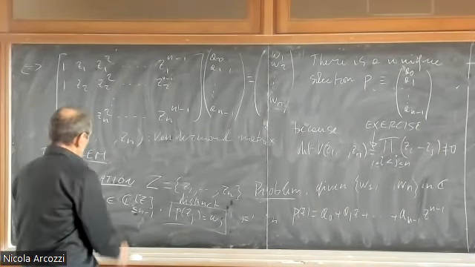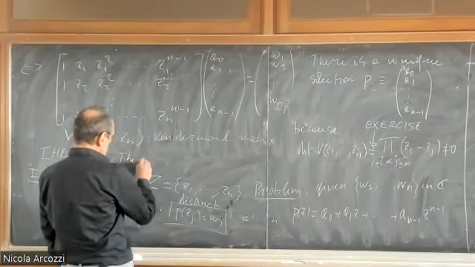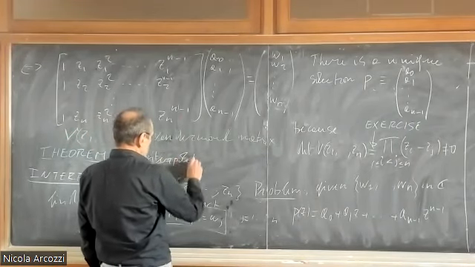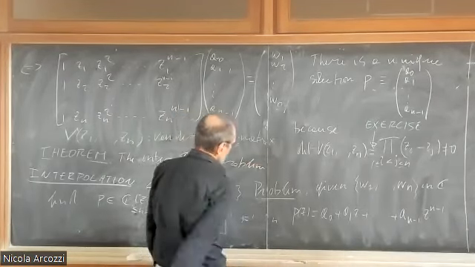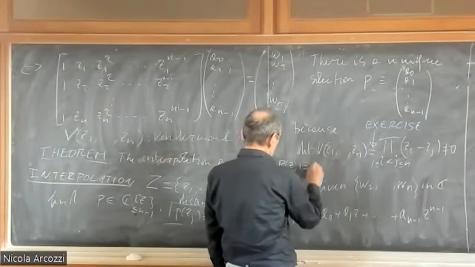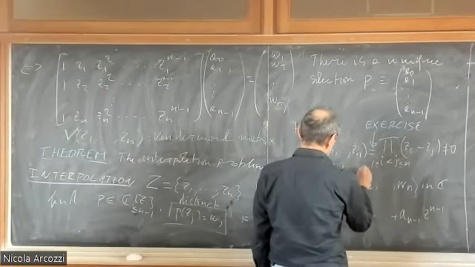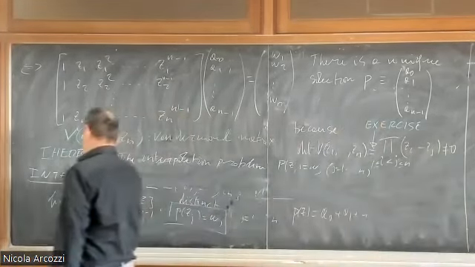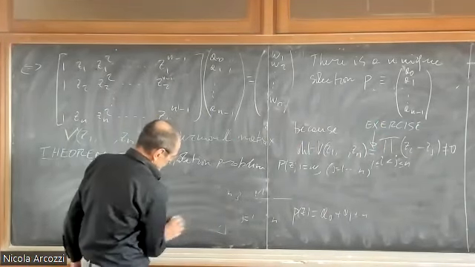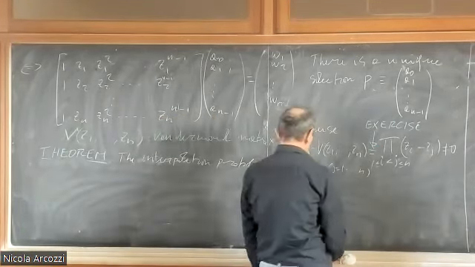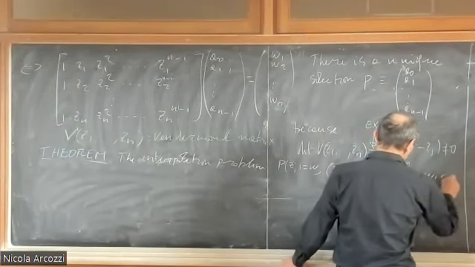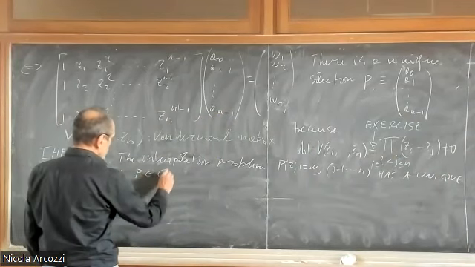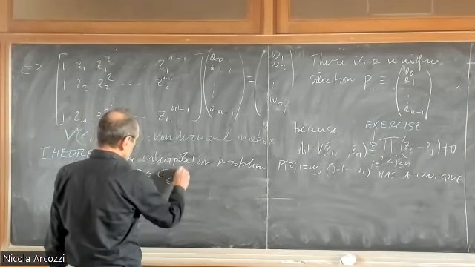So what this says is that the interpolation problem, P of zj equal to wj, has a unique solution P of degree at most n minus 1.